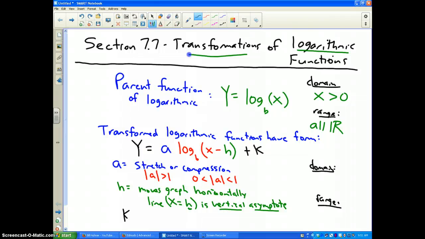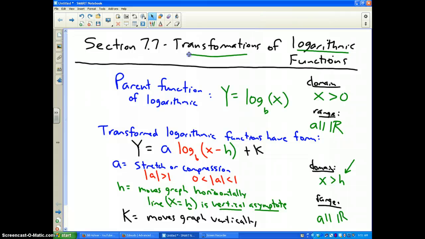And finally, the k value does just what it always does. It moves the graph vertically. Now, how do you know what the domain is? The domain is always x is greater than h. Whatever h is, that's what your domain is. The range will always be all real numbers.